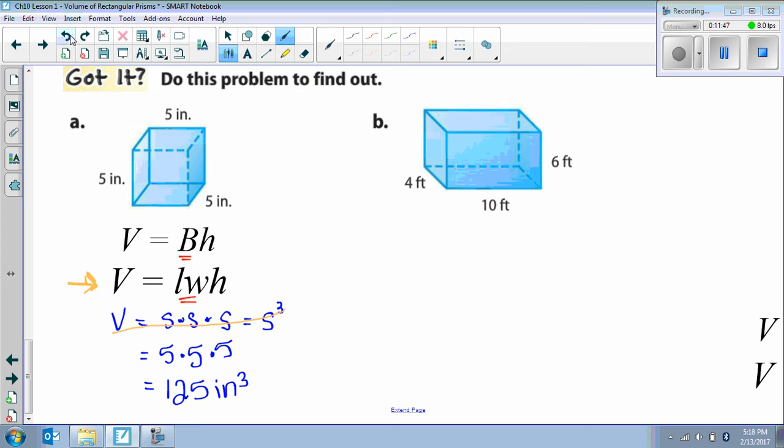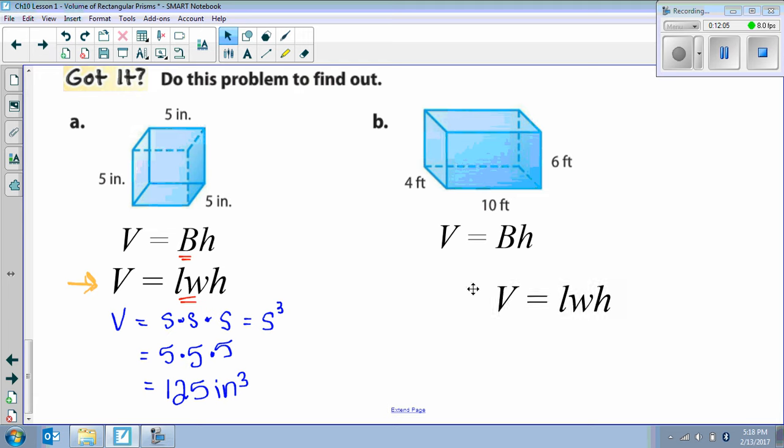Okay? All right, so let's look at example B. Example B, we have another rectangular prism, and this time the base is an actual rectangle. So when we start with our volume is equal to the big B times the H, we are going to keep it volume is equal to length times width times height. And again, if you want to go ahead and start with volume is equal to length times width times height, I'm okay with that too.